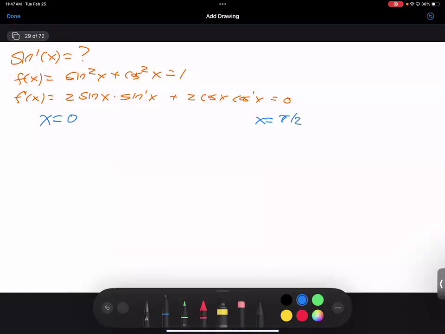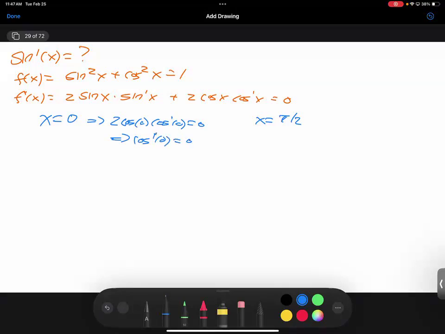If we take 0, we get 2 times the sine of 0, which we know. And so when we do that, that gives us 2 cosine of 0, cosine prime of 0 equals 0. Therefore, cosine prime of 0 equals 0.